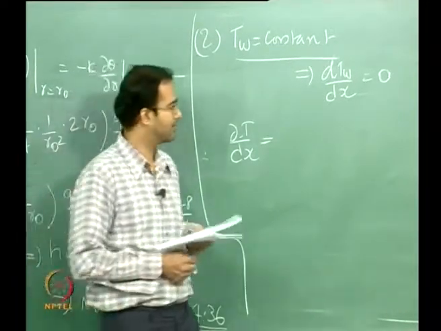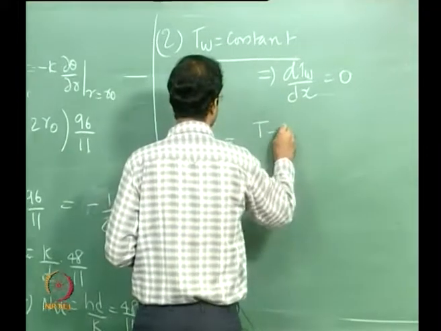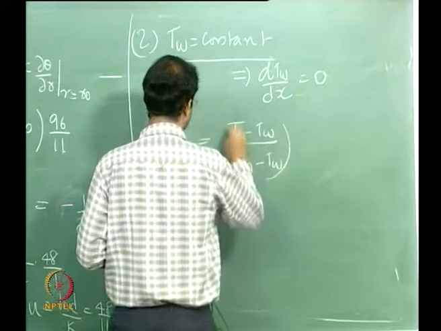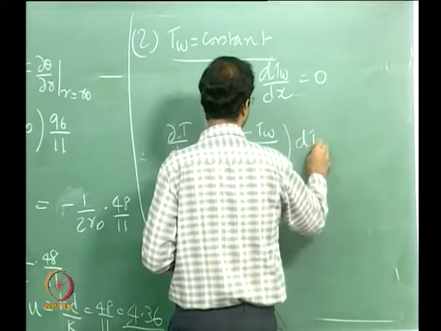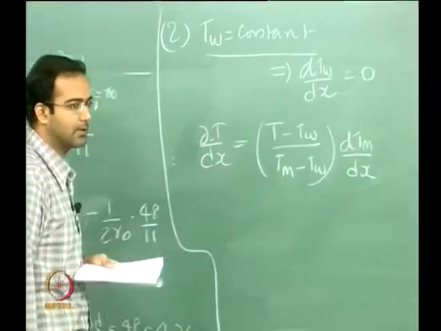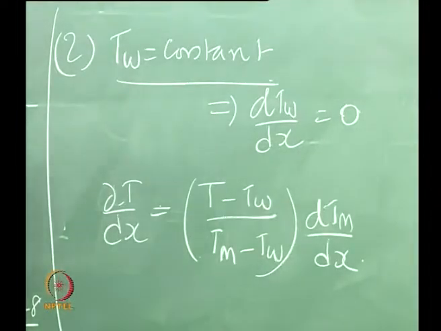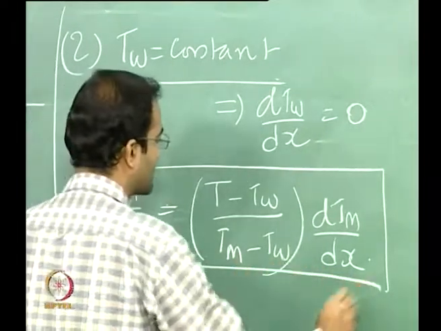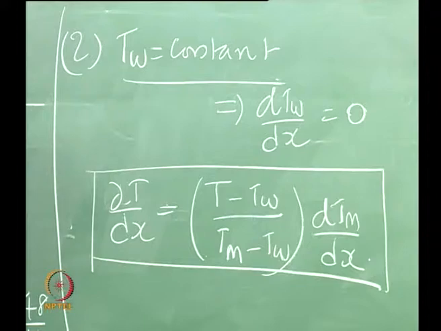Yeah, (T minus T_wall) by (T_m minus T_wall) into dT_m by dx. So the first two terms get cancelled off, you have only this last term. So now this is your approximation for dT by dx.